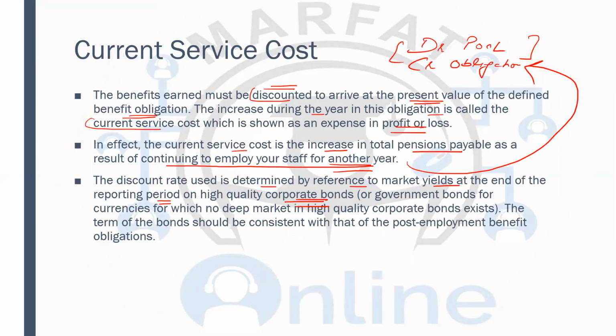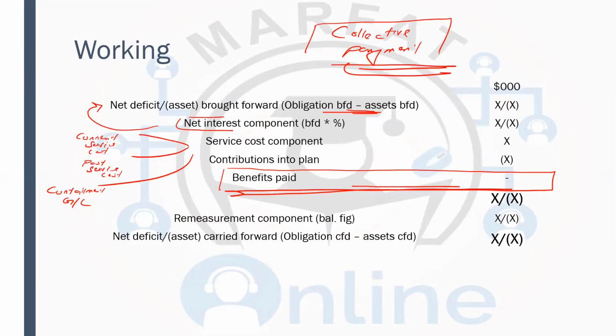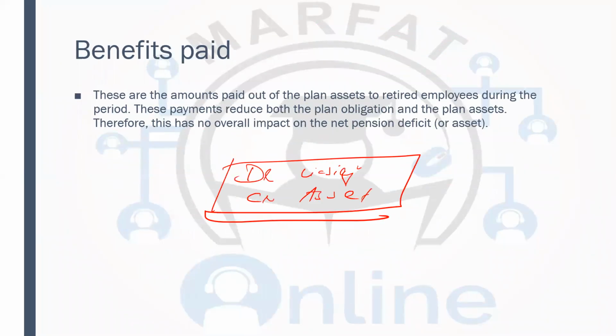So we have reached till here. Now you see the closing balances. These are the opening balances, assets minus liabilities, or liabilities minus assets, and then you get the closing balances, obligation minus assets. But there is a remeasurement component which should be recorded in the other comprehensive income. What is that?